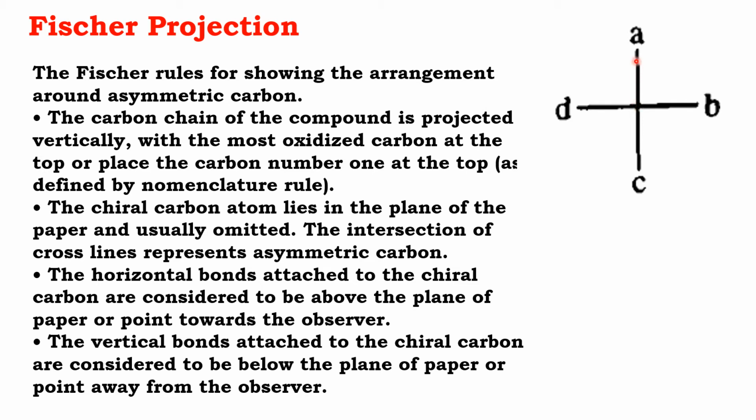Then the intersection of the vertical and horizontal lines represents the asymmetric carbon atom. So in the Fischer projection formula, we represent it by vertical and horizontal lines, and the intersection of the vertical and horizontal line assumes the presence of the asymmetric carbon atom.